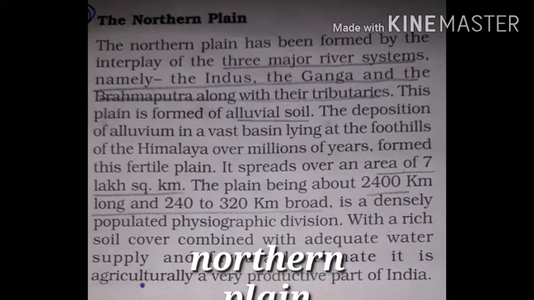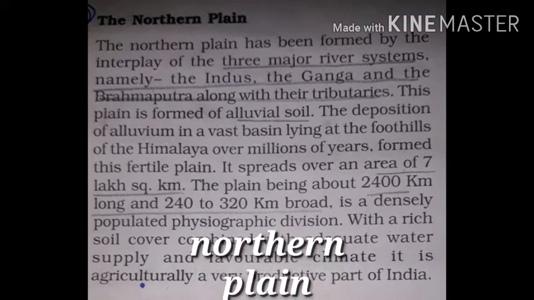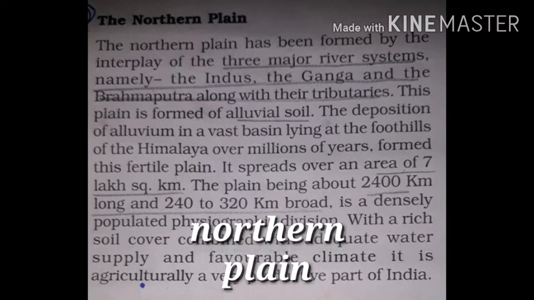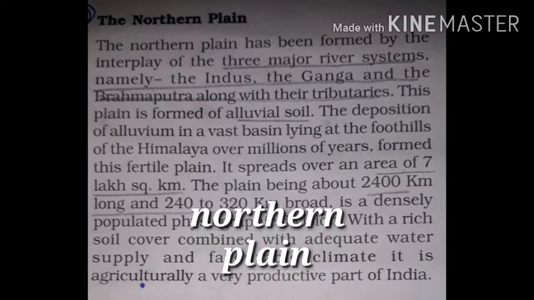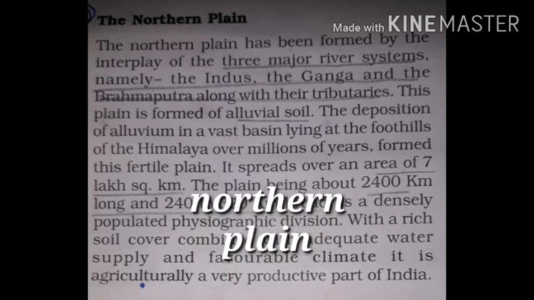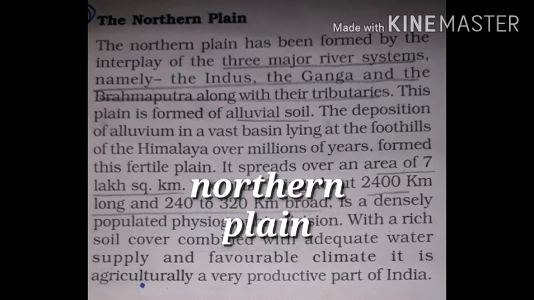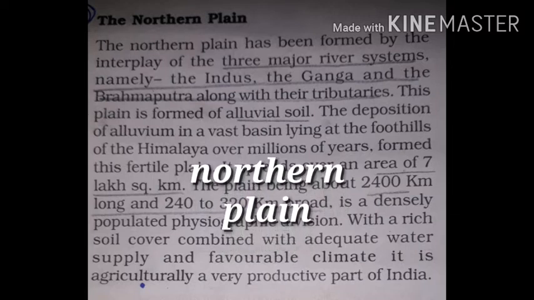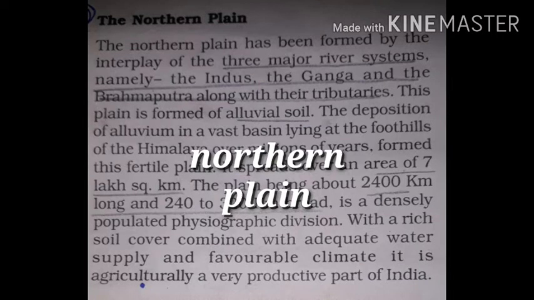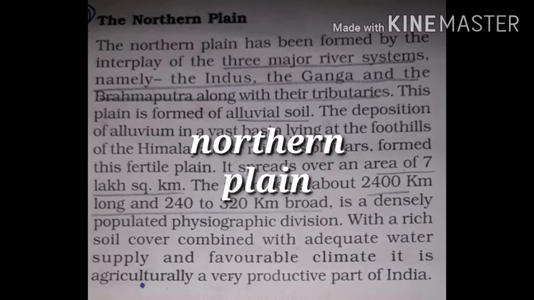Northern plain is famous for its agricultural land. In the book text, what is written here: the northern plain has been formed by the interplay of the three major river systems, namely the Indus, the Ganga, and the Brahmaputra, along with their tributaries.